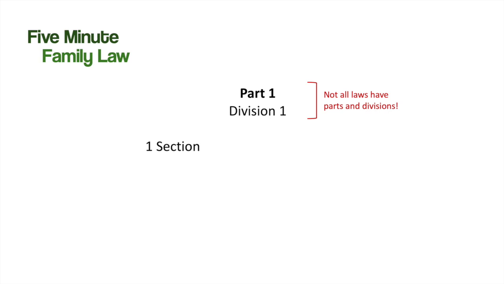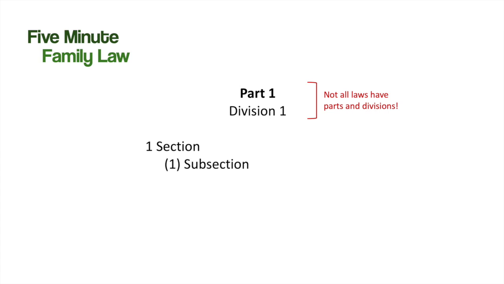So sections are the real meat and potatoes of a piece of legislation. Most of the time when you refer to a part of a law, you're going to be referring to a section. Sections are referred to in Arabic numerals. Sections are sometimes broken down into subsections.